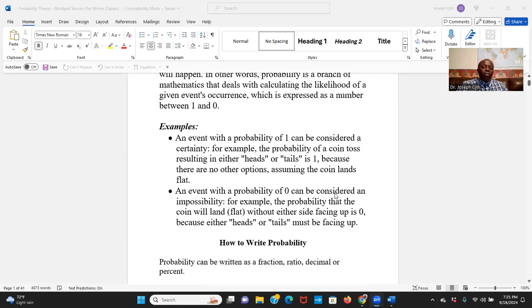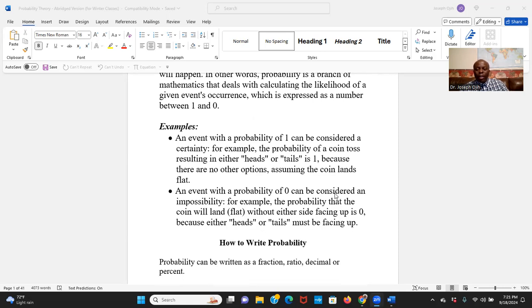So an event with a probability of 1 can be considered a certainty. For example, when you toss a coin, the probability that the coin will result in a head or tail is 1.